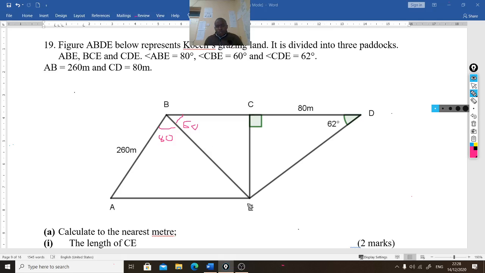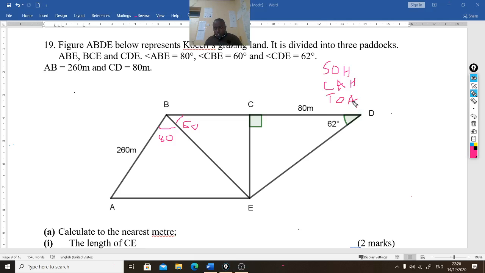Remember the form 2 trigonometry. Now we deal with SOHCAHTOA. You have to remember SOHCAHTOA, it will assist you.